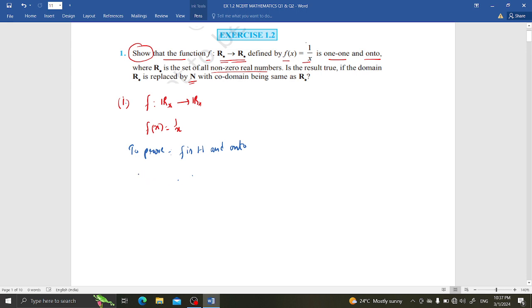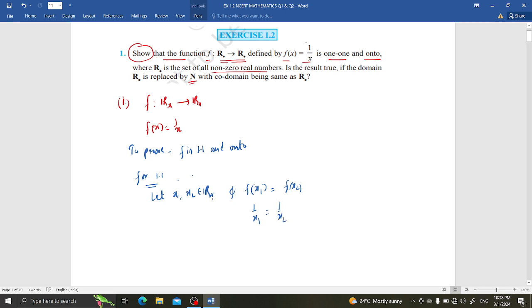Now for 1-1, let x1, x2 belong to R star. We need to assume one more thing also: f(x1) equal to f(x2). So if f(x1) equals f(x2), then according to the definition, 1 upon x1 equals 1 upon x2.